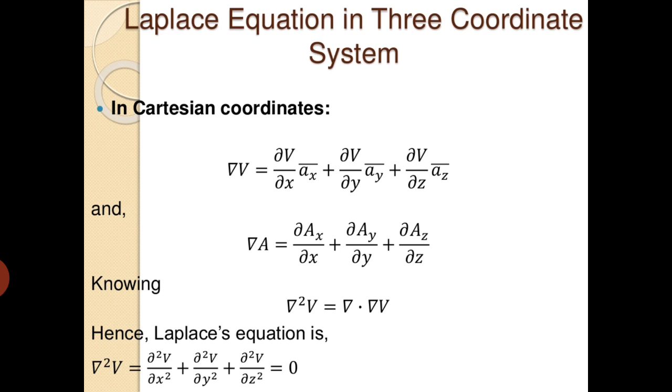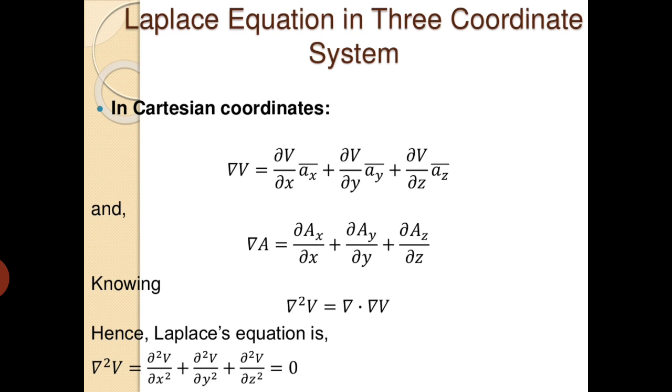Now we consider this Laplace equation, and we can use it in all three coordinate systems. So let us see the Laplace equation in all three coordinate systems. First we'll see Cartesian coordinates.